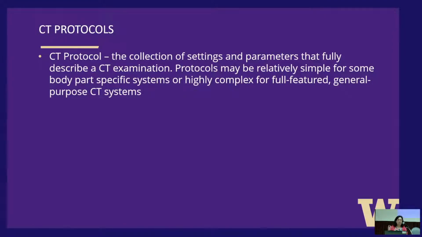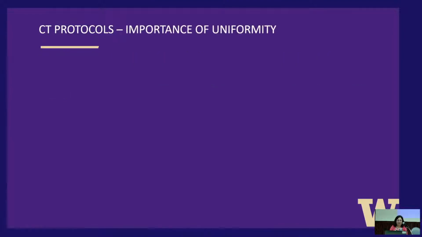Now, if you're a hospital in rural area that does 10 patients in a week, you are not going to need a lot of complex protocols because you're probably just using it for very simple things. But if you're like our hospital or Sam's hospital, you're in a big academic center in a city where you're doing 200 patients a day, then you have all the full range of simple all the way to complex protocols.